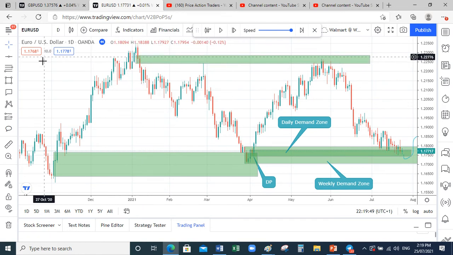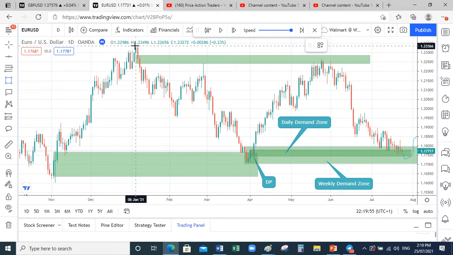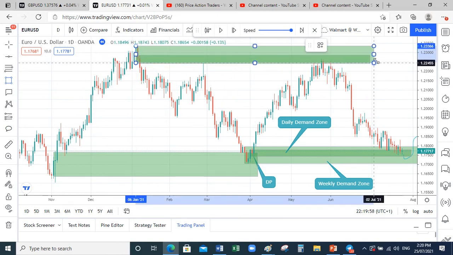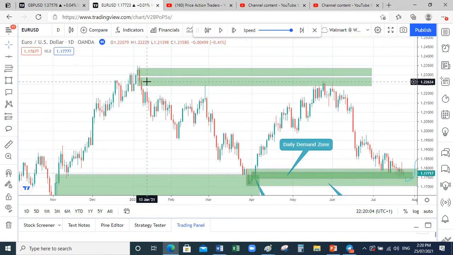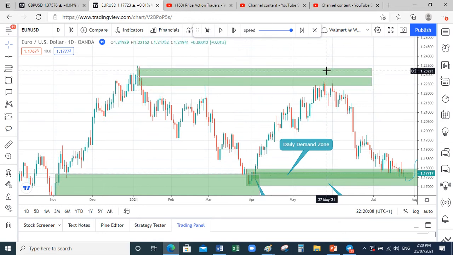If you only deal with the demand and supply zone alone, and you don't have the knowledge of decision points, you will have been looking for price to pull here, but the price does not go inside this demand supply zone.